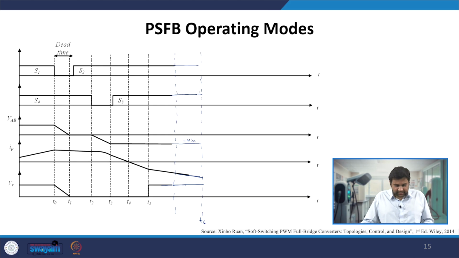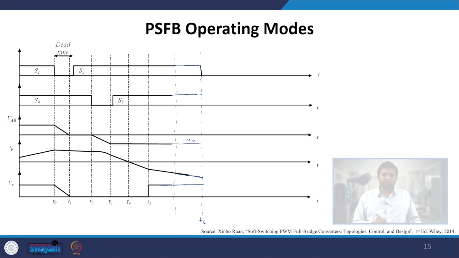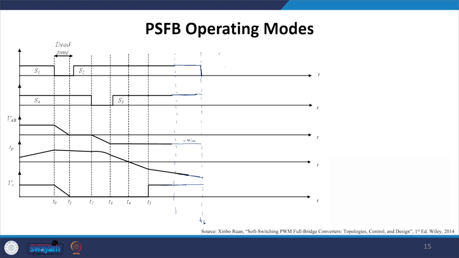At T equal to T6 you have given the off pulse to the S1 switch.